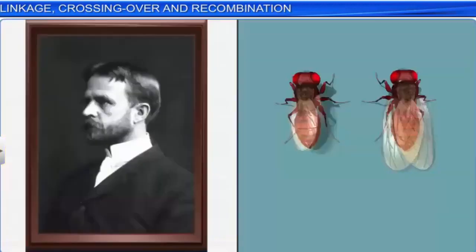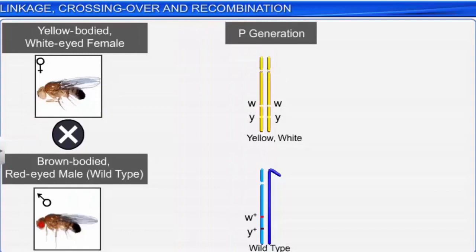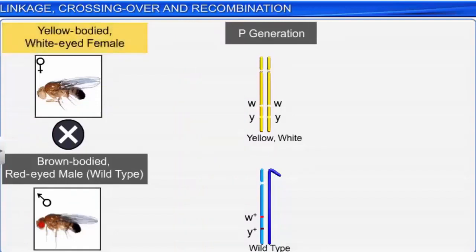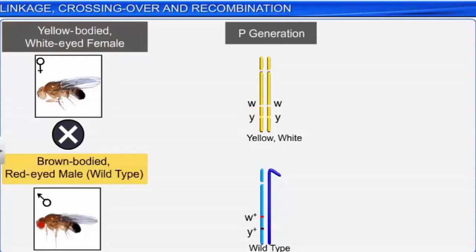Morgan carried out several dihybrid cross experiments with Drosophila to study sex-linked genes. For example, he crossed yellow-bodied, white-eyed females with the genotype y w with brown-bodied, red-eyed males with the genotype y+ and w+ to produce the F1 generation.